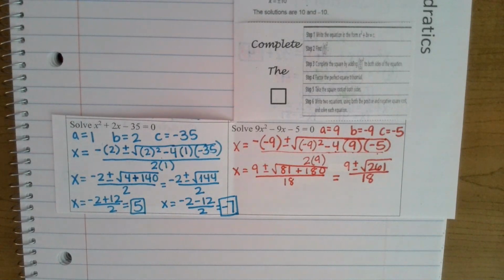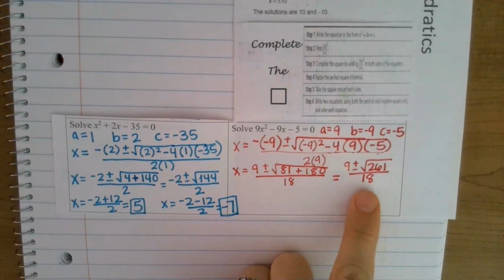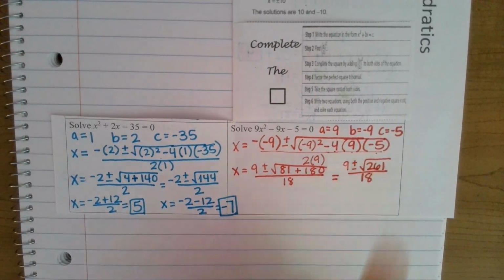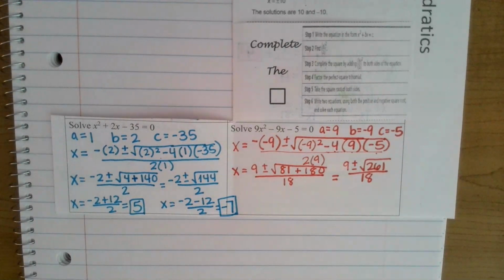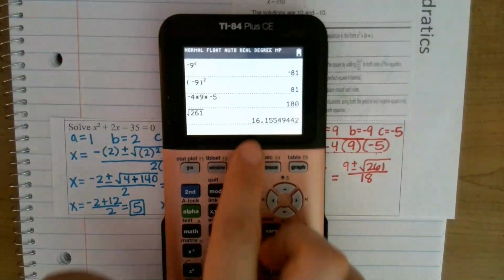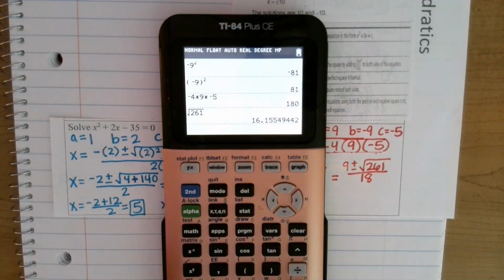So depending on how LEAP shows their answers, they might want you to convert it to decimal or keep it in radical form. So this is one way to show your answer. What is the square root of 261 in your calculator? What kind of number does it give you? Irrational.